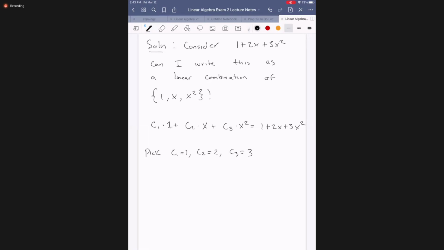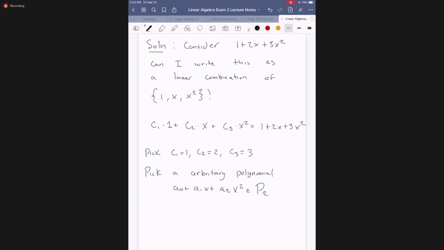Same thing. Just pick an arbitrary polynomial a0 plus a1x plus a2x squared in P2.